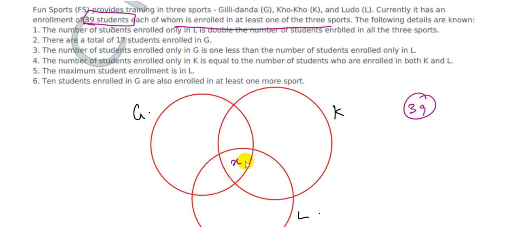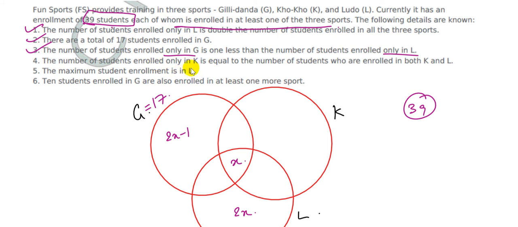So let the students enrolled in all 3 sports be X. So the number of students enrolled only in L is 2X. There are a total of 17 students enrolled in G. So the total of G has to be 17. Number of students enrolled only in G is 1 less than the number of students enrolled only in L. So only in G has to be 1 less than L.